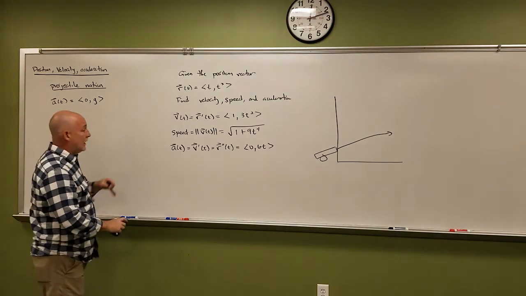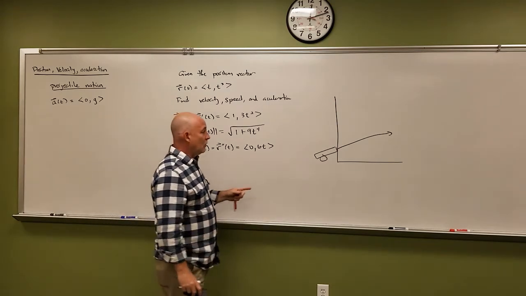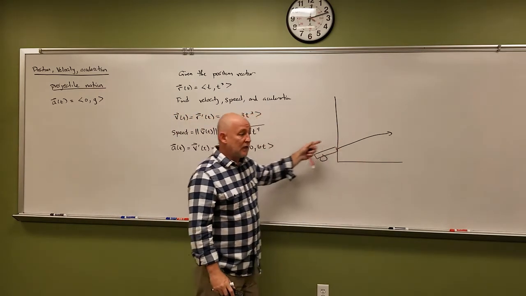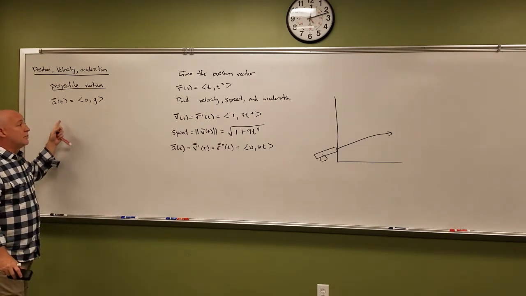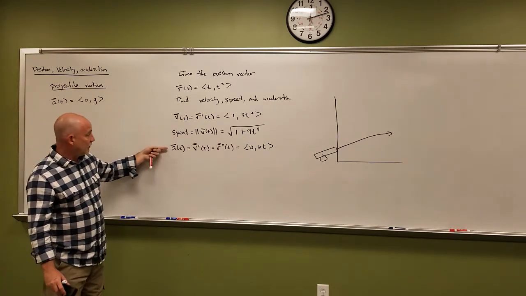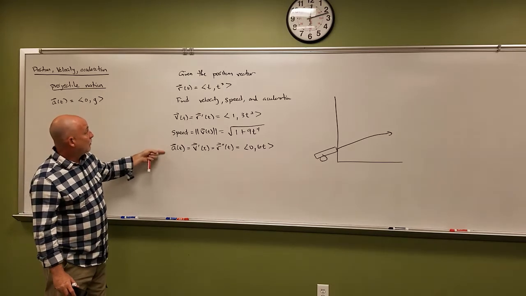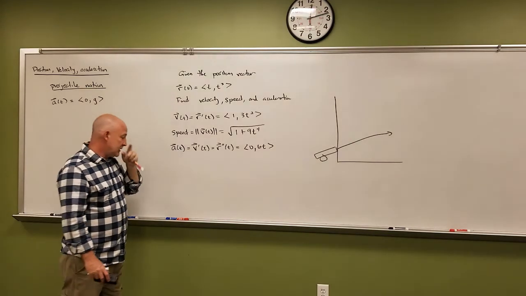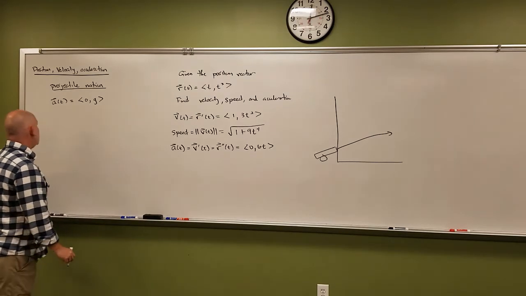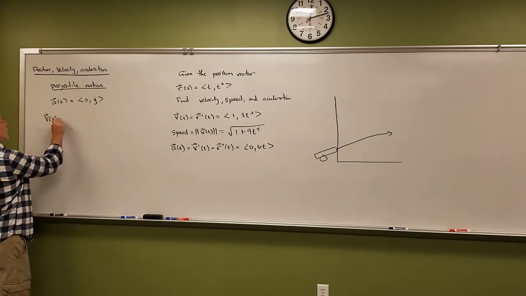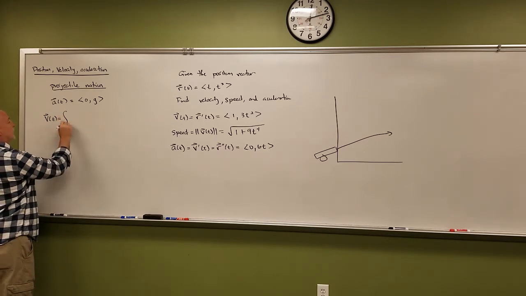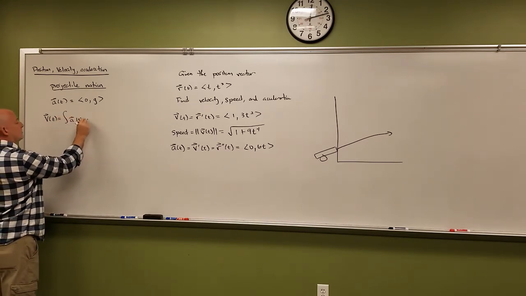All right, so the idea here is we want to know where the object is at any given time, which means from our acceleration, can we actually find the position function? So basically what we're going to do, except for the speed step here, we're going to go backwards. So let's see what happens here. I know to get to the velocity, I'm going to integrate our acceleration vector, right?